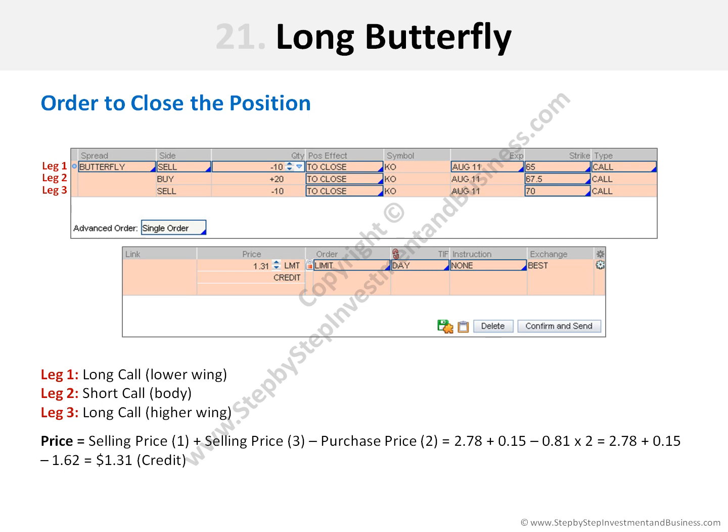The entered price is given by the difference between the selling and purchase prices. In this case, 2.78 plus 0.15 minus 0.81 multiplied by 2, which is equal to $1.31. This is the money, expressed per share, that will be credited to our account when the order is filled.